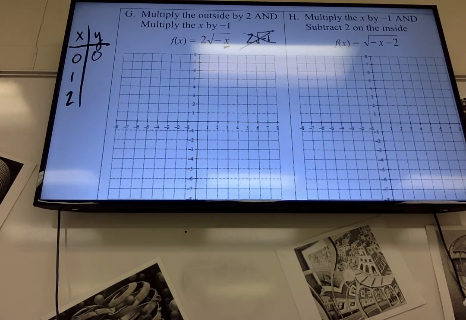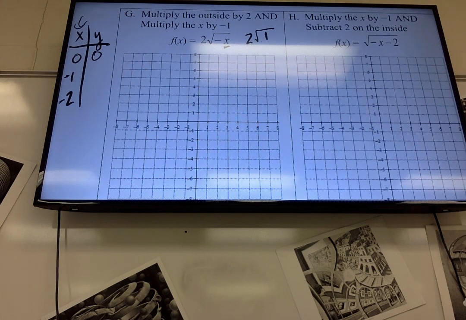So how do I change what I'm going to plug in for x to make it work? Yeah, put some negatives in there. Then it'll make it a positive. So for this first one, it would be 2 times the square root of -1, so that's just 1.